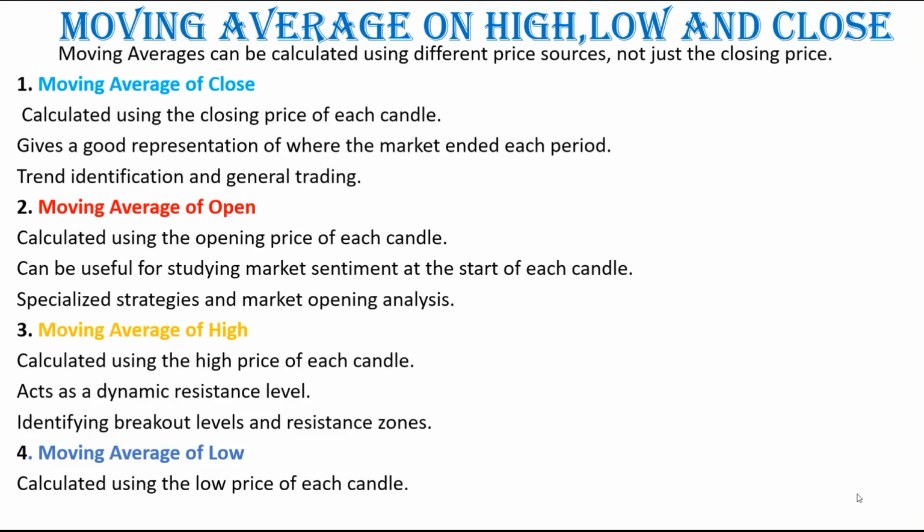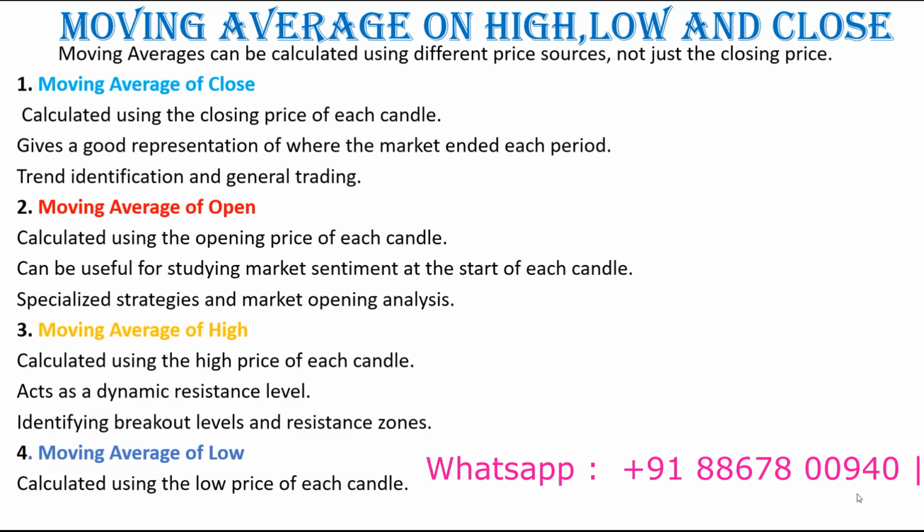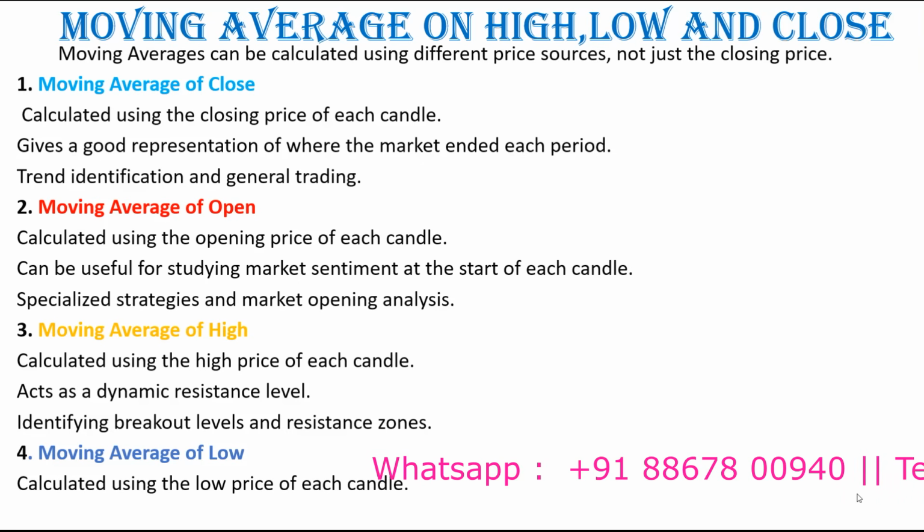Now let's see how to use the moving average in different ways, like moving average on the high, low, open and close price. That is, based on the price of the candles, high, low, close, and also the open. These are different sources, and we will look at how the moving average can be used on each.